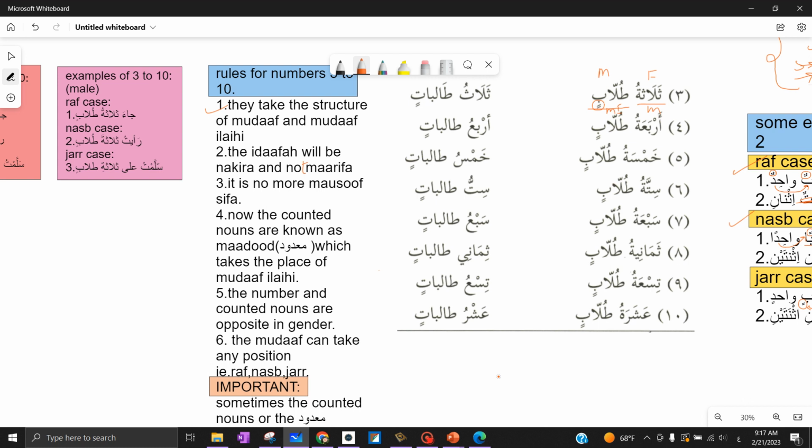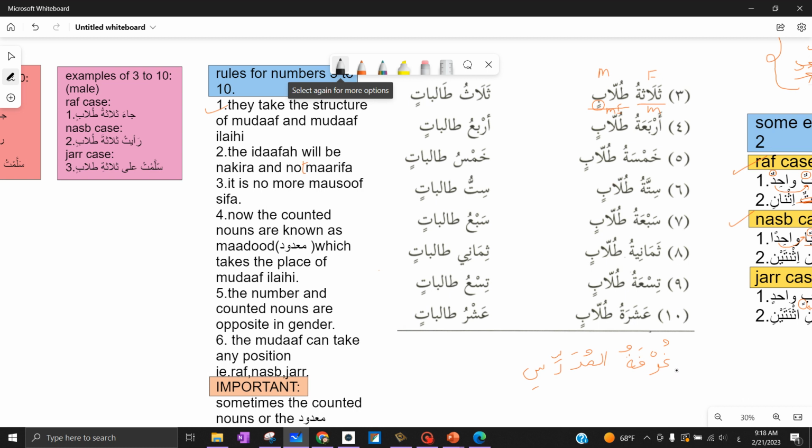So when you see idafa construction with nakira nouns, for example, if I say غرفة المدرس, what do you see here? غرفة doesn't have an al.